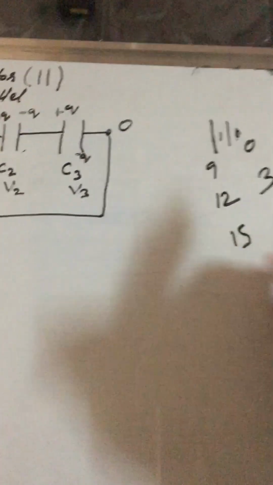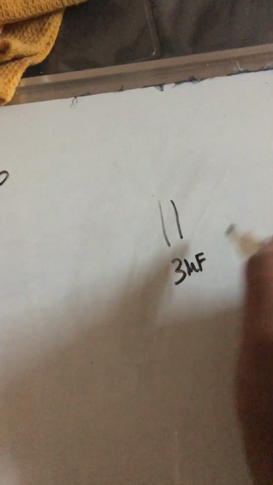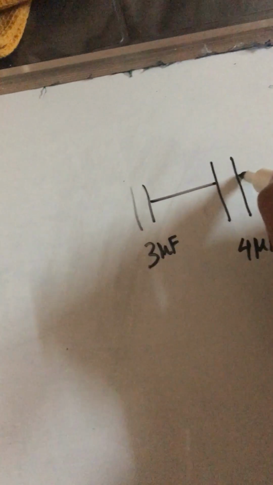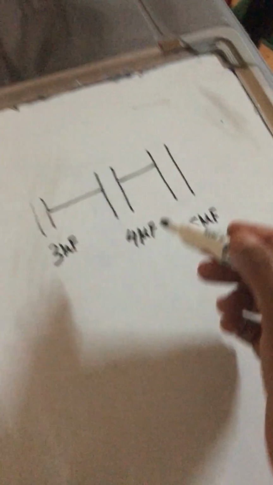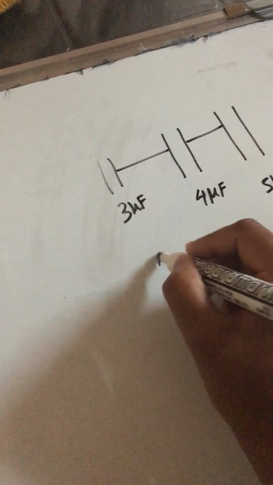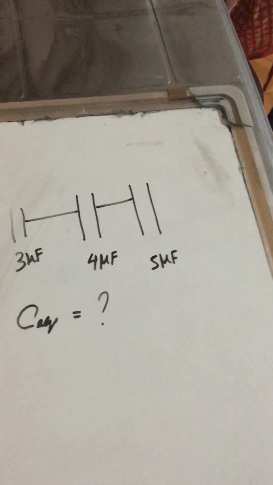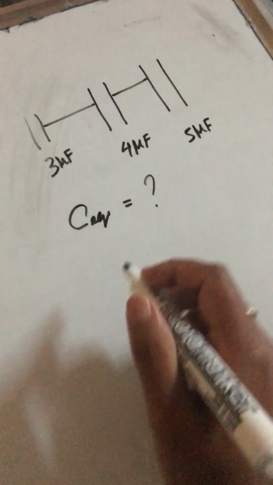Say, for an example, suppose I have 3 capacitors. One is 3 microfarad, another is 4 microfarad, and another, let's say I'm just taking, 5 microfarad. What is the equivalent capacitance? They are in series, right? When they are in series, how will they add?